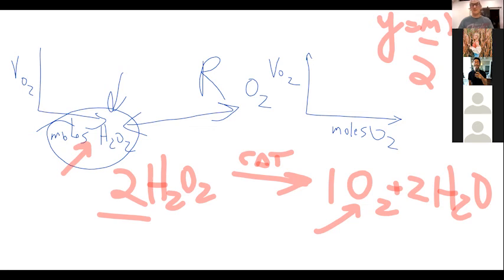You won't have to do this because you're not dumb enough to plot moles of hydrogen peroxide versus volume of oxygen. You're going to make the correction and plot moles of oxygen. But if my value for X goes down by 2, what must happen to the slope in order for Y to remain the same?